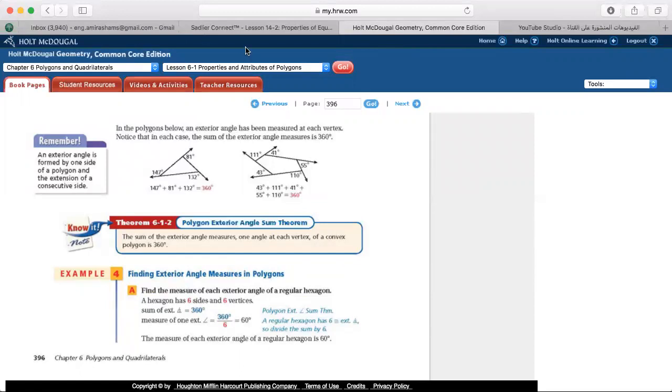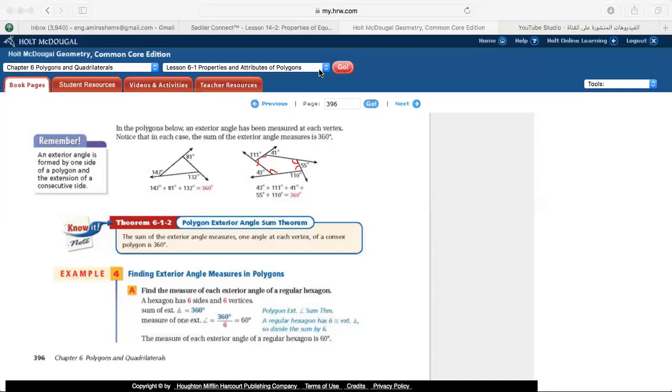Yes, okay. Exterior angles. Look, any shape has interior angles and exterior angles. Like this one, for example. This one is interior, interior, interior, interior, interior. Interior means inside the shape. All the angles are inside the shape.